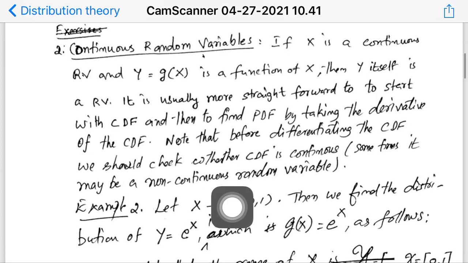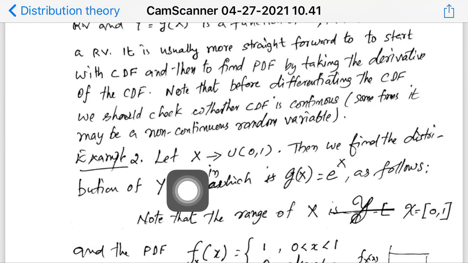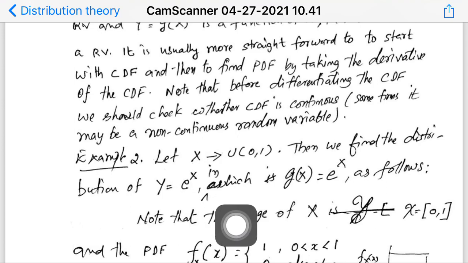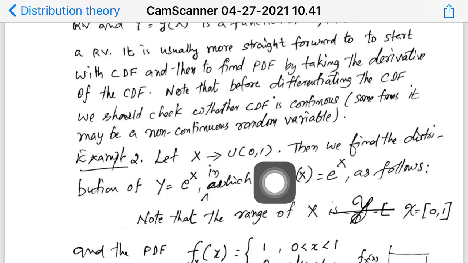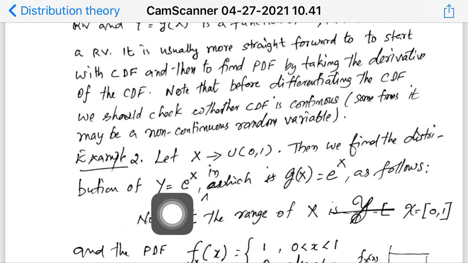Okay, you come to an example. This example will illustrate how, using the distribution of x, the cumulative distribution of y can be determined, and then the density function of that y can be determined by differentiating the cumulative distribution function.